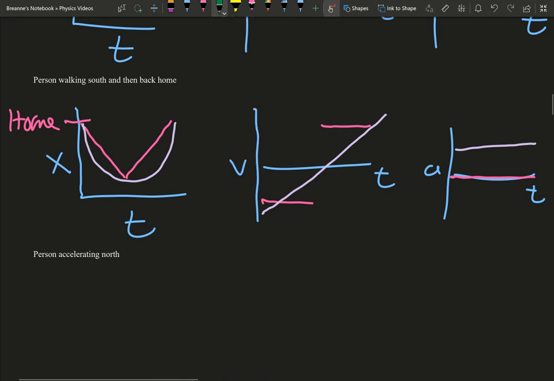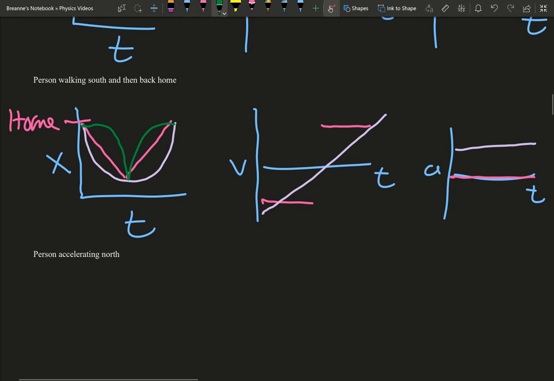There could be one more. This one's a little unlikely, but it technically could be. You could have something that looks like this. This is that you are speeding up in the negative and then slowing down.